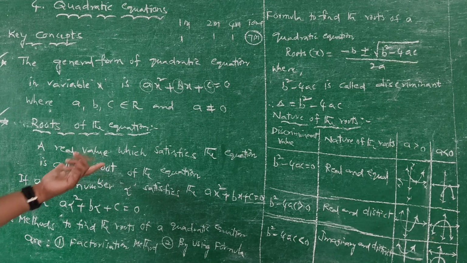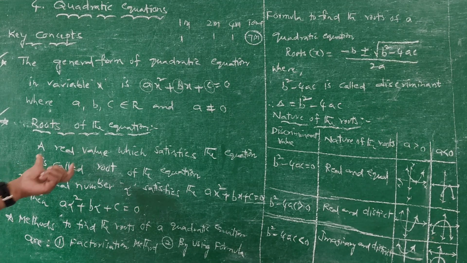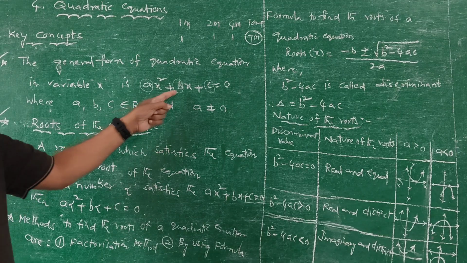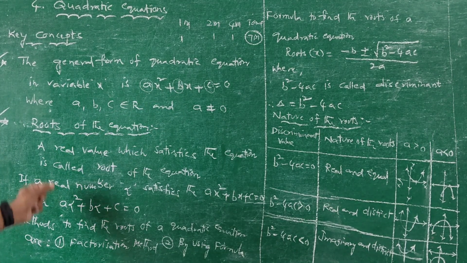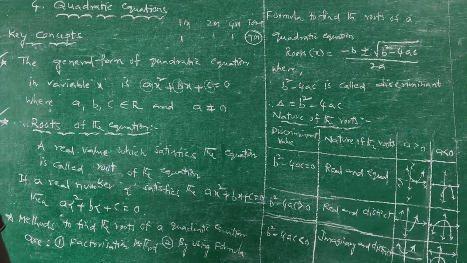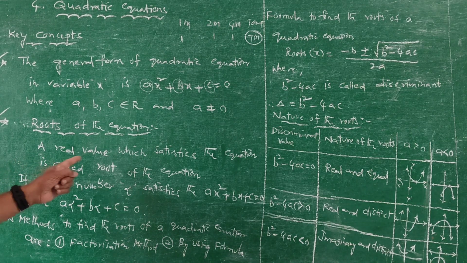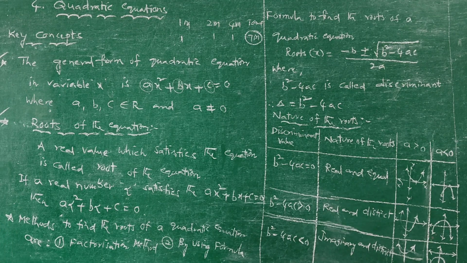What the root actually means: if you take any real value instead of the variable x which satisfies the equation, that is nothing but a root of the equation. A real value which satisfies the equation is a root of the equation.